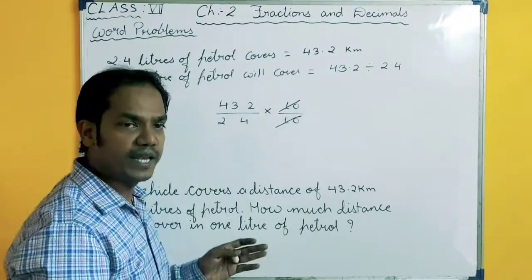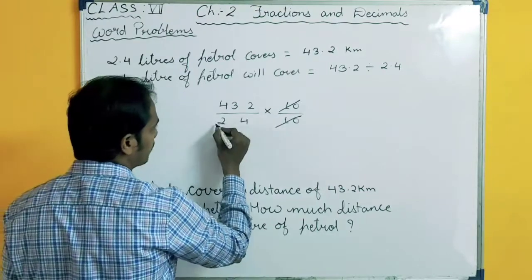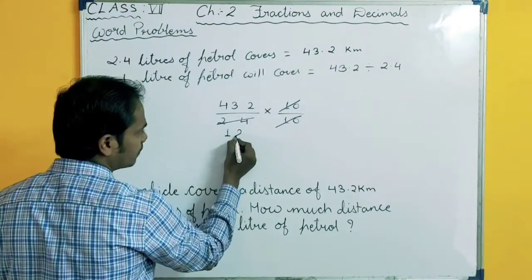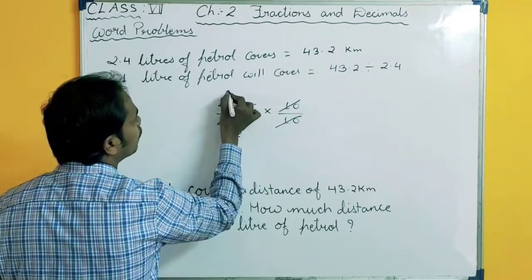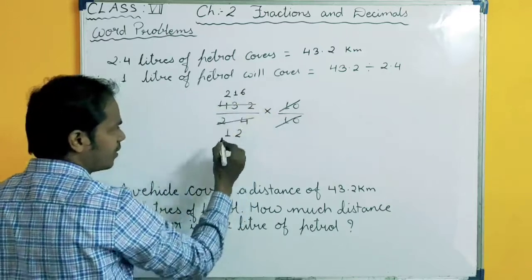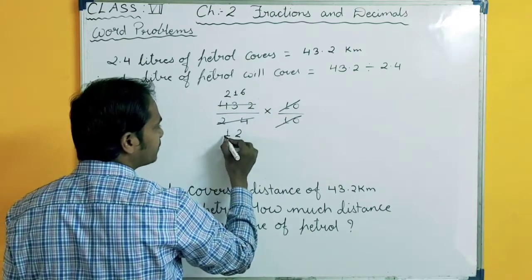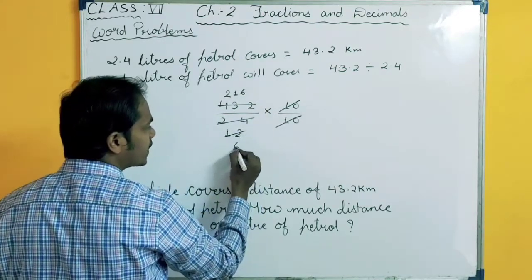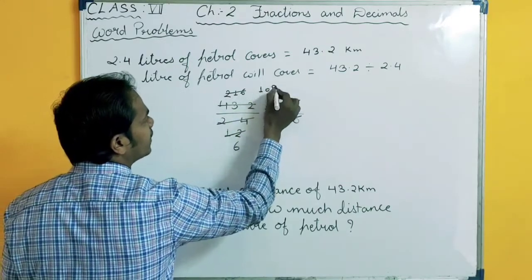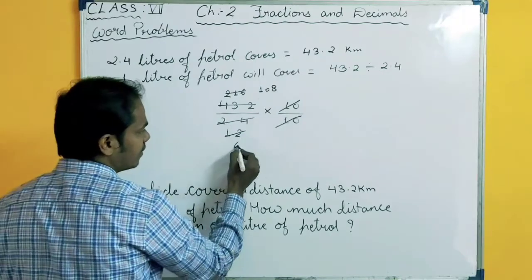You can do simply cutting, reduce into simplest form. So I am reducing first by 2. 2 12s are 24. 2 2s are 4, 2 1s are 2 and 2 6s are 12. Again I am reducing by 2.